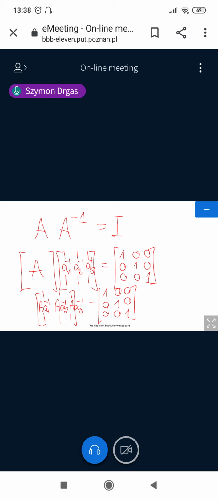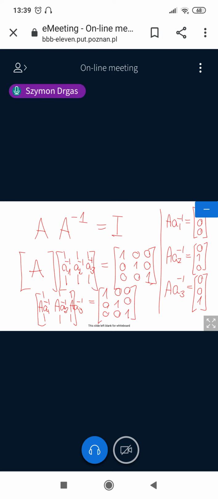So it means that if we want to find these three columns, which are the columns of the inverse matrix, we just need to solve three systems of linear equations. It is because A by A1 inverse should be equal to 1, 0, 0. A by A2 inverse should be equal to the second column of the identity matrix, and A by A3 inverse should be equal to 0, 0, 1.